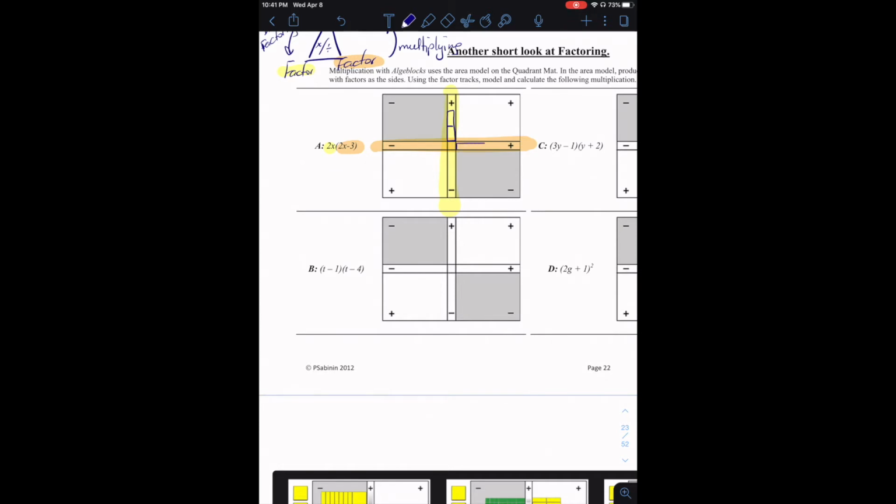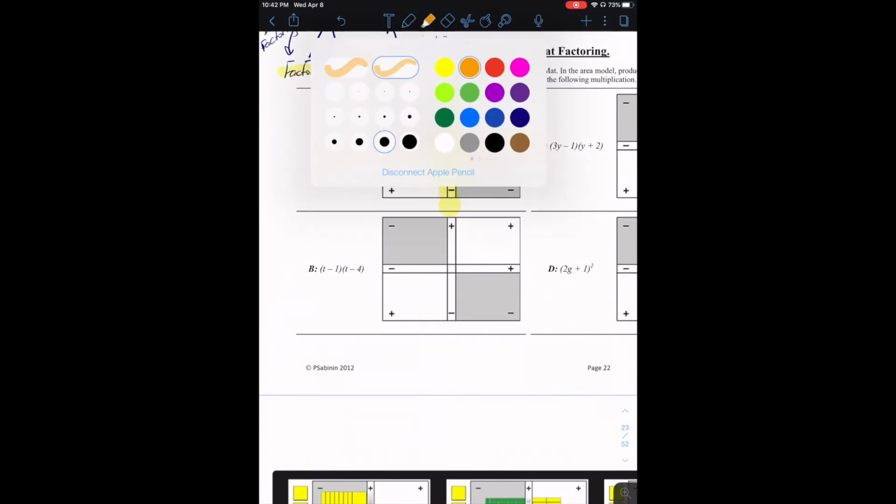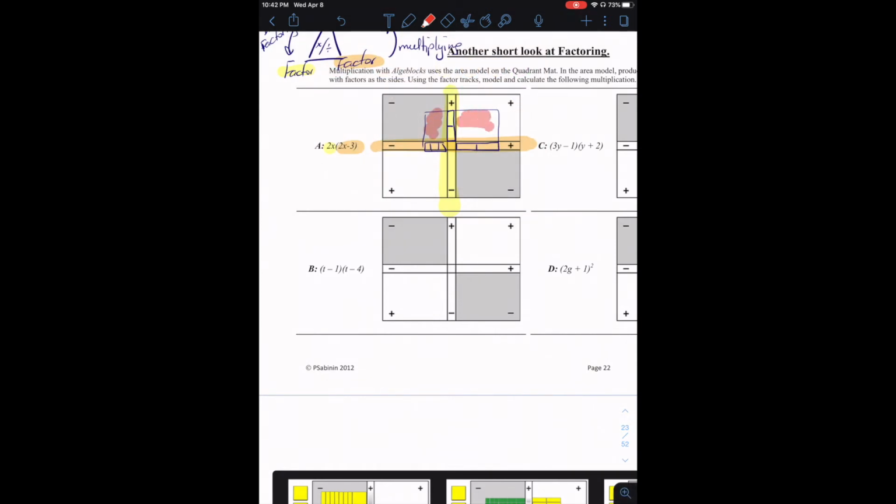In order to fill the rectangle that is the area using those two dimensions, we're going to make sure that everything lines up. If we split up our region in this way, we're going to see 4x squared and negative 6x. So this would be 4x squared minus 6x.